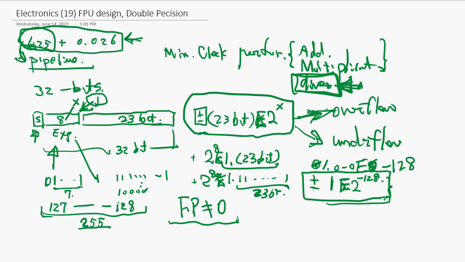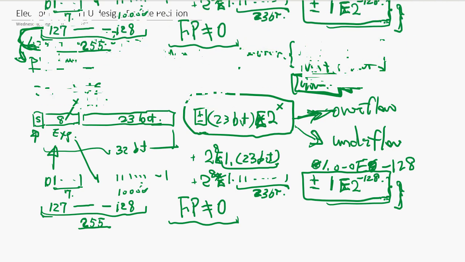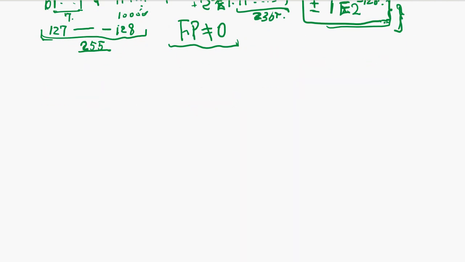Okay, now is this accurate enough? When you worry about accuracy, there are a lot of issues, and IEEE specifies overflow, underflow, and rounding to the nearest, truncate, round up, round down, all kinds of things.